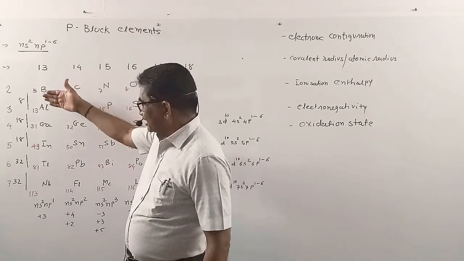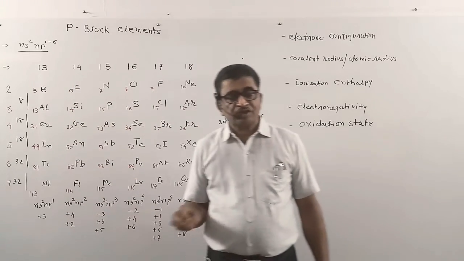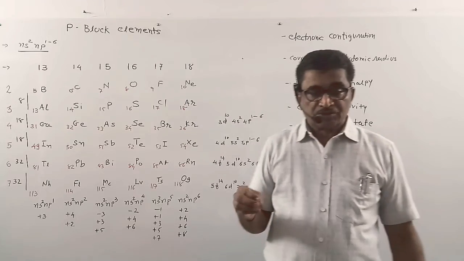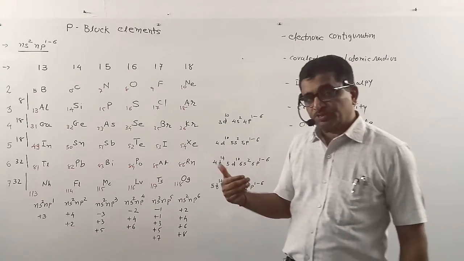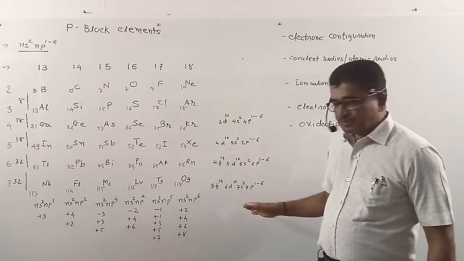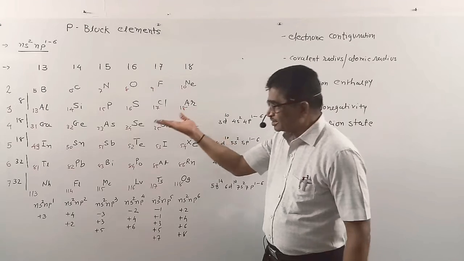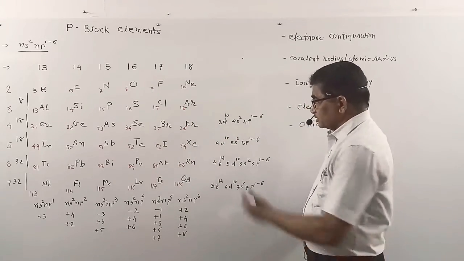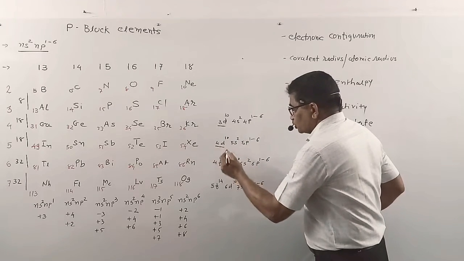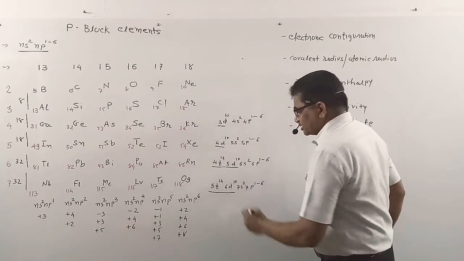With differences of 8, 18, 18, 32 and 32, the same electron configuration comes in the next elements: ns2 np1, ns2 np2, similarly ns2 np6. But something is different when the difference is 18, 18, 32, 32: there are 3d, 4d, 4f14, 5d10, 5f14 and 6d10 orbitals.